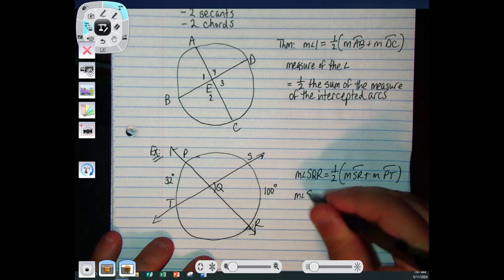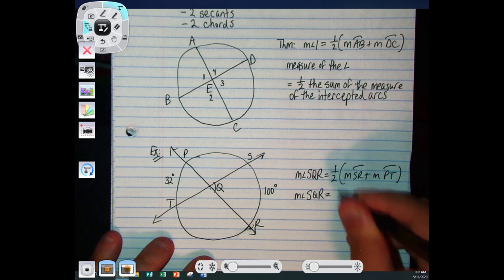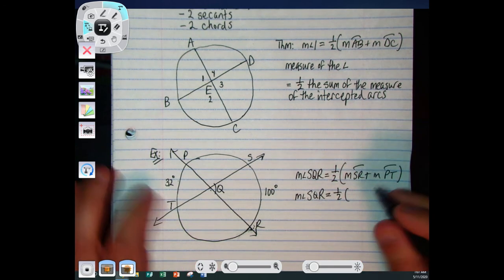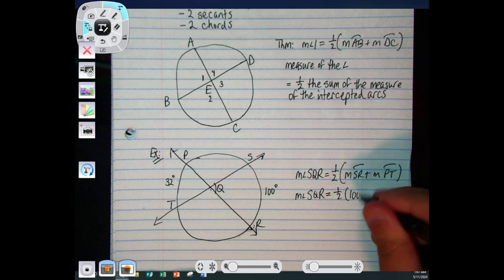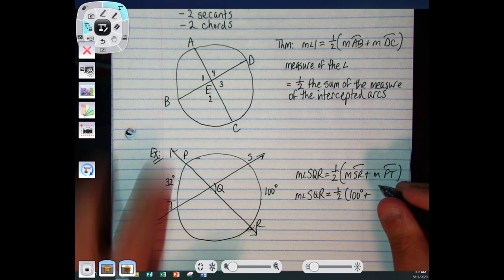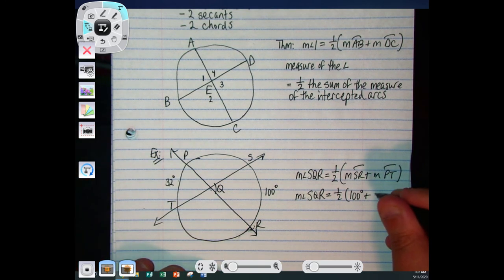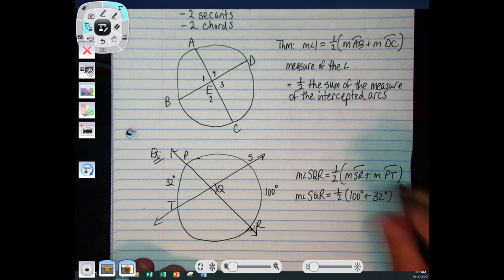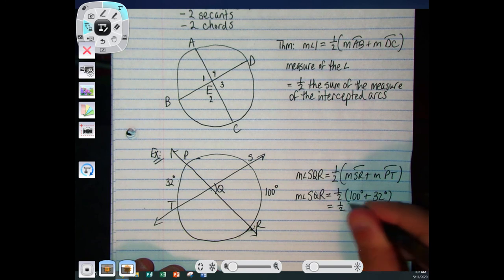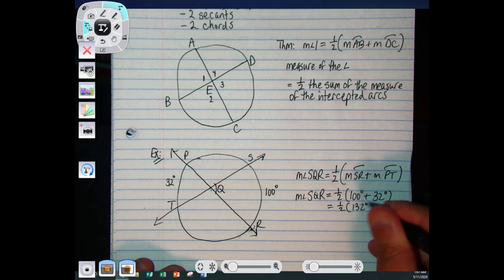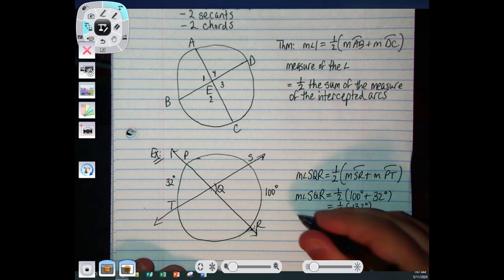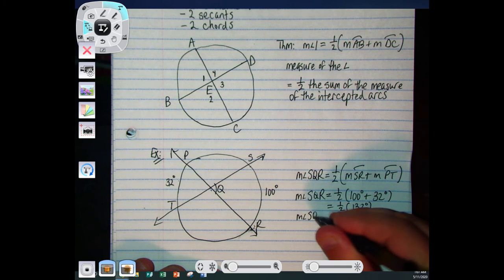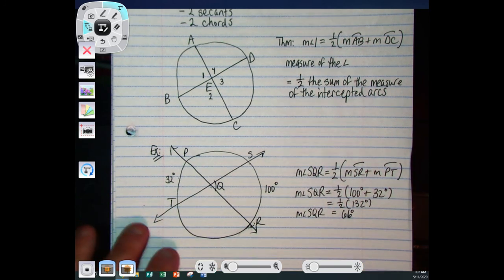So that is half of 100 degrees plus 32 degrees. When I add those together, we get half of 132 degrees. Half of 132 degrees is 66. So therefore, the measure of angle SQR is equal to 66 degrees.